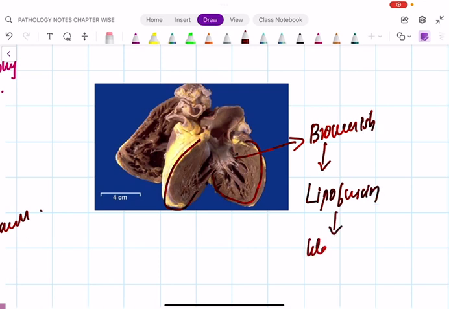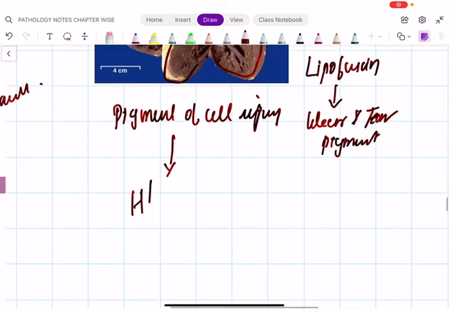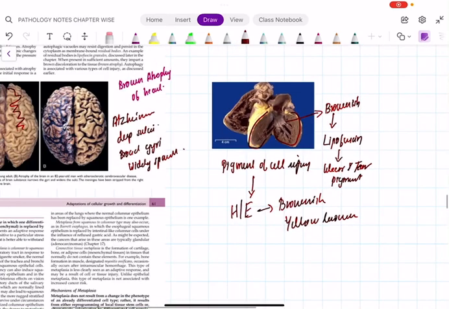Lipofuscin is also called wear and tear pigment, or the pigment of cell injury. Normally, under hematoxylin and eosin (H&E) staining, it will appear brownish or yellow-brown in color. That is lipofuscin.